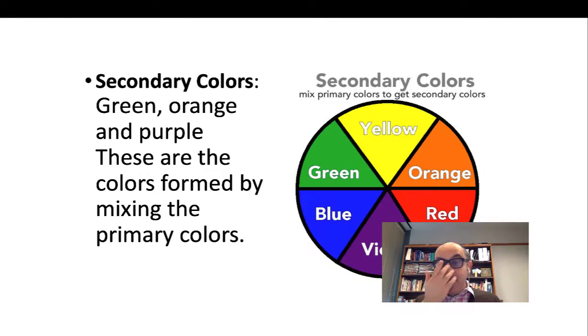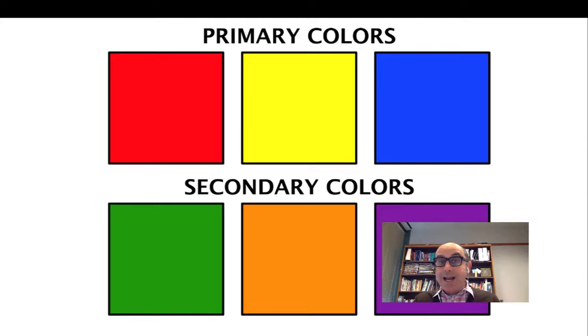Secondary colors are also part of our discussion because they help us sort the colors, and they are green, orange, and violet. Those are the secondary colors that help us shape more colors.